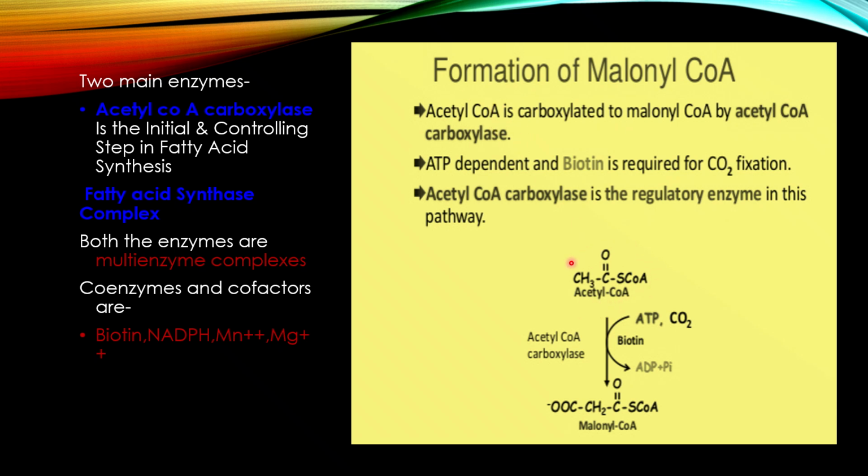This is the acetyl coenzyme A, and carboxylase means there is an addition of carbon dioxide. Carbon dioxide is available in the vicinity in the form of bicarbonate ions, so they can be exploited for production of malonyl coenzyme A. The only difference between acetyl coenzyme A and malonyl coenzyme A is this COO group, which came by the addition of carbon dioxide.